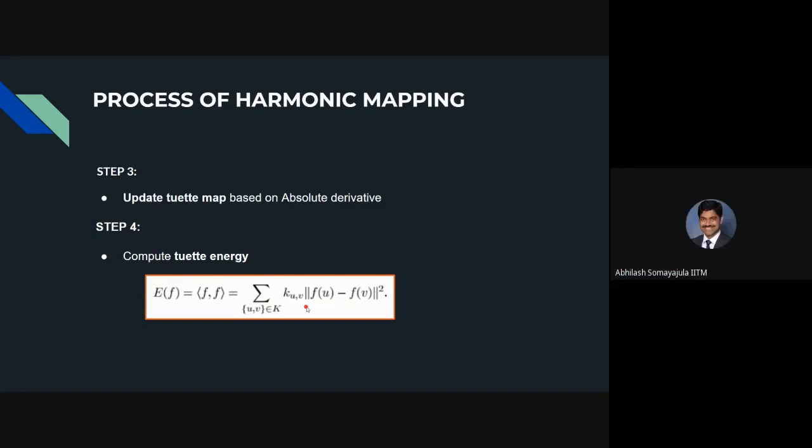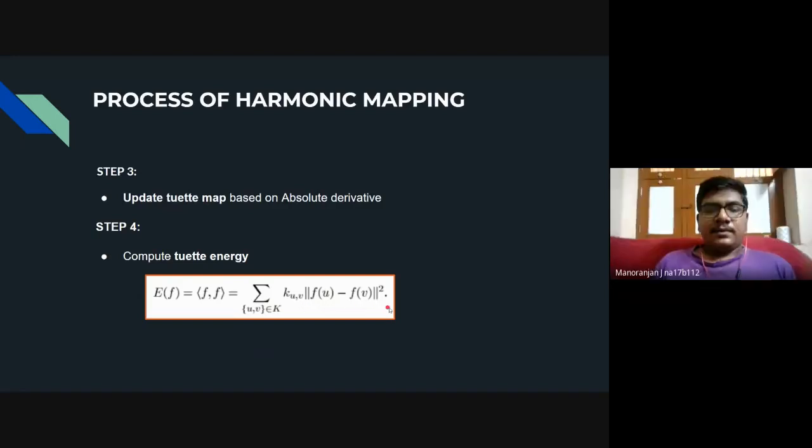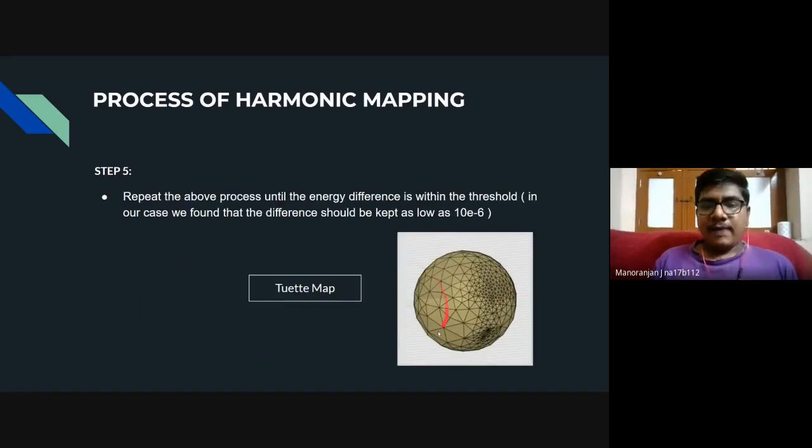Correct. Okay. Yeah. So when we want to stop the iteration, the change in this energy will be very small, which means that the algorithm has smoothened the overlaps, and our map is in a better condition than what we started with, the Gauss map. So I have a picture of the Tutte map as well.